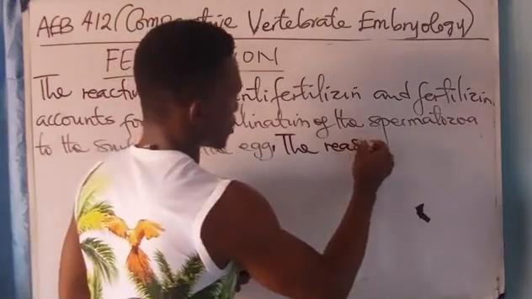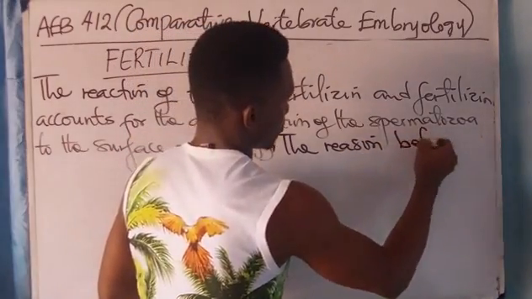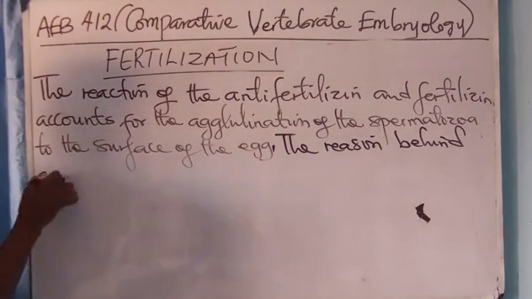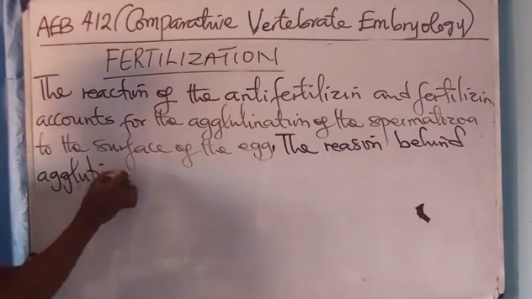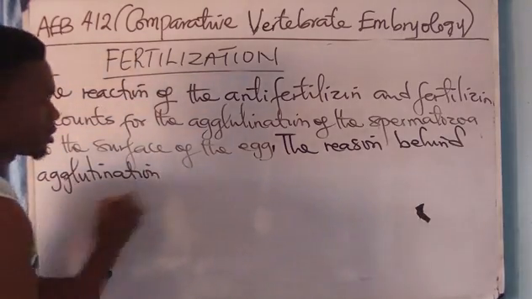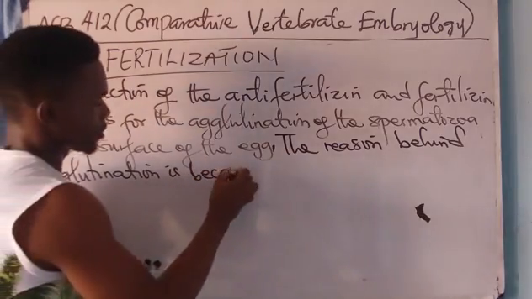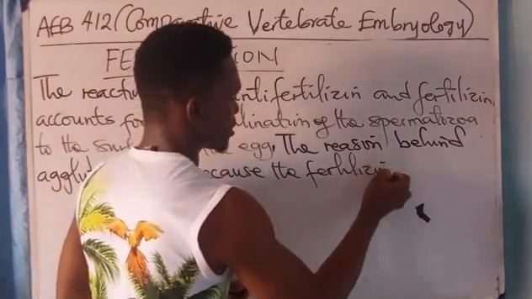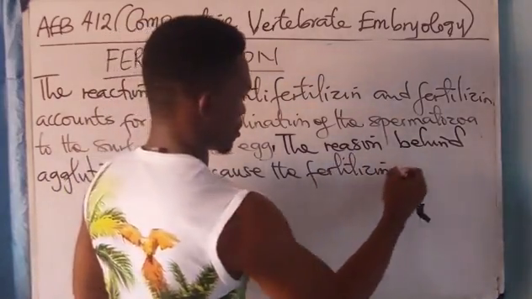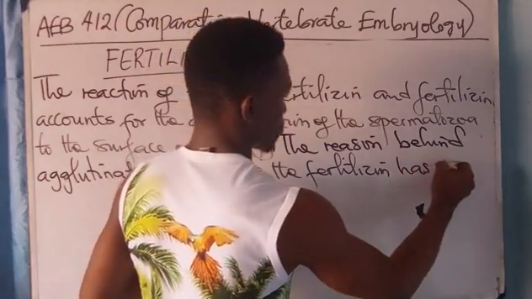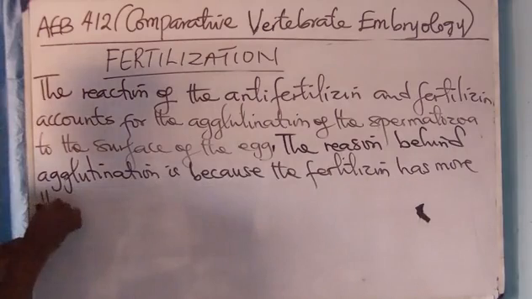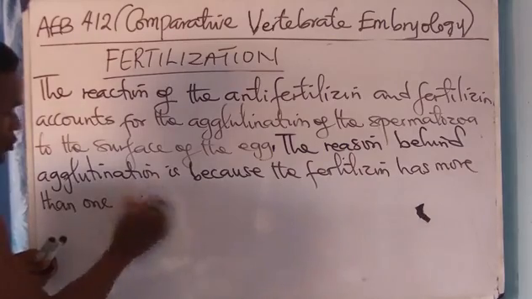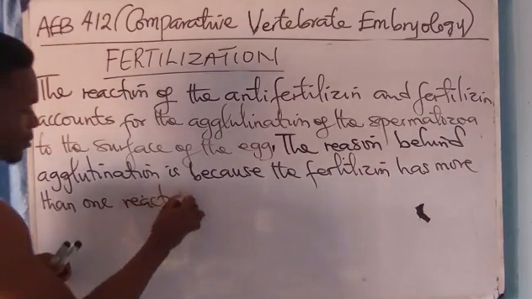The reason behind agglutination is because the fertilizing has more than one active, okay, let us use the word reactive, more than one reactive spot.